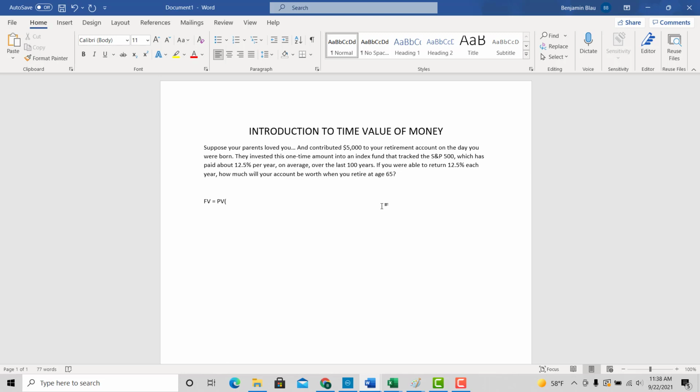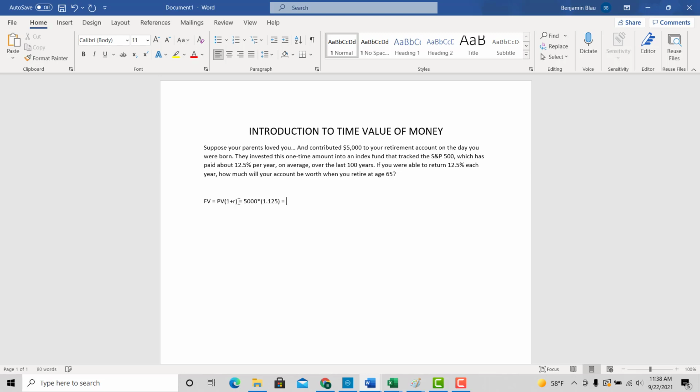I can rewrite that equation as the future value is equal to the present value times 1 plus r, okay? And that gave me the future value the following year. Does that make sense? According to our problem there, I took the $5,000 and multiplied it by 1 plus the rate of return in decimals, which is 0.125.